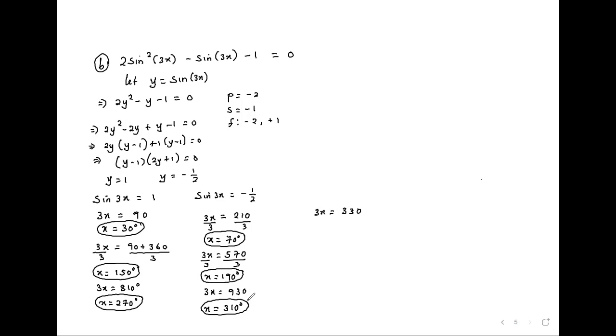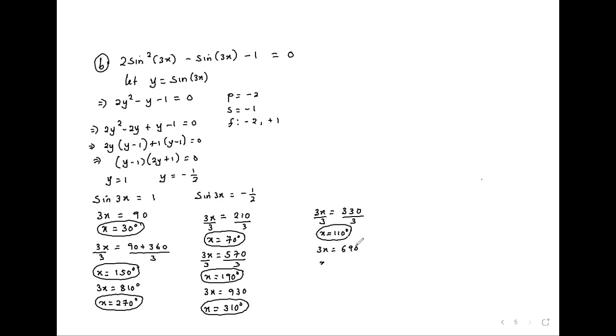So now we go to the 330. We divide by 3 again. So we have x is equal to 110. Then we come back and add 330 plus 360. That is 690.